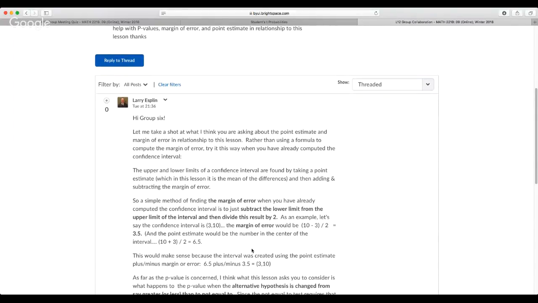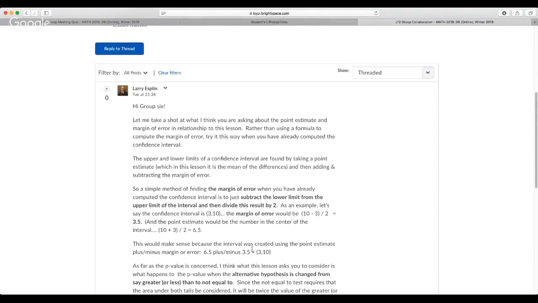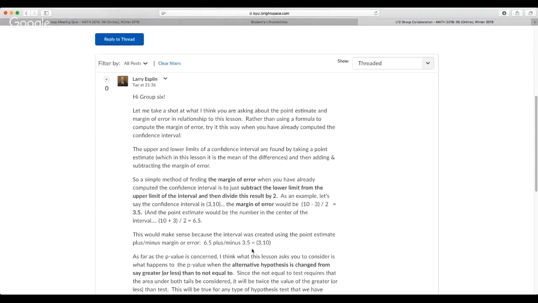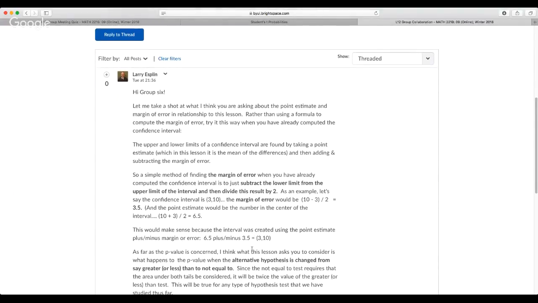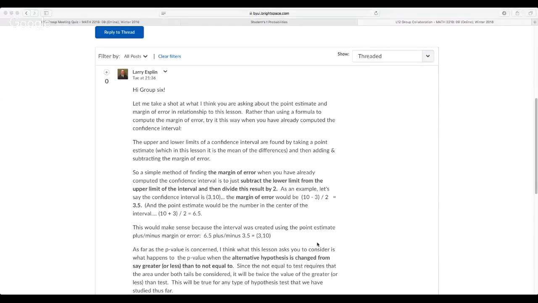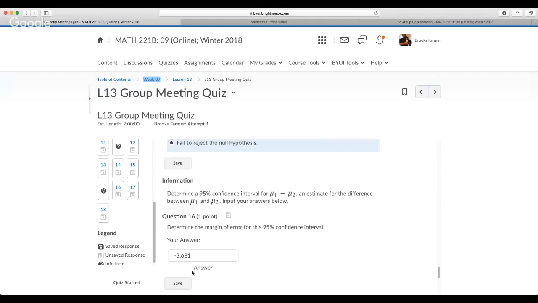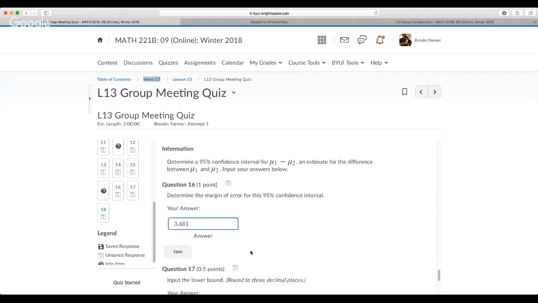So we're going to do 5.147 minus negative 2.214, divided by 2. Yeah, so it is going to be positive. So positive 3 point something. Well, it's upper minus lower, not second minus first.